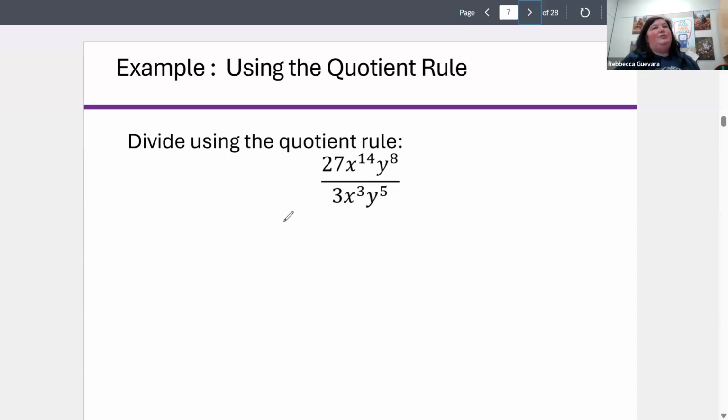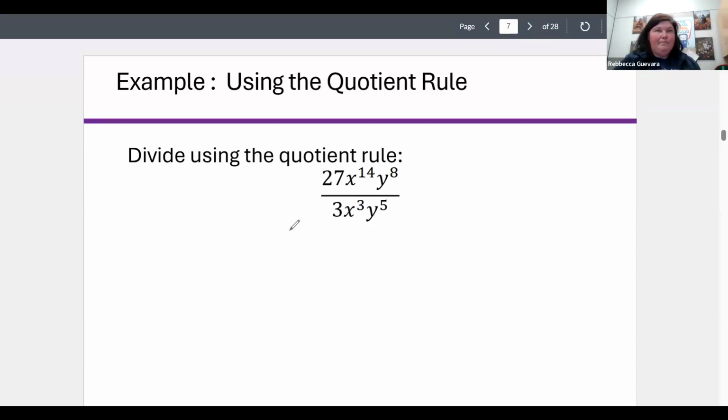Okay, so we're going to use the quotient rule here. So we have 27x to the power of 14 times y to the power of 8, all this divided by 3 times x to the power of 3, y to the power of 5. So you can do this in little sections here. Because it's all multiplication, 27 divided by 3, well, that's just 9. Then we're going to have the x to the 14 divided by x to the 3rd.